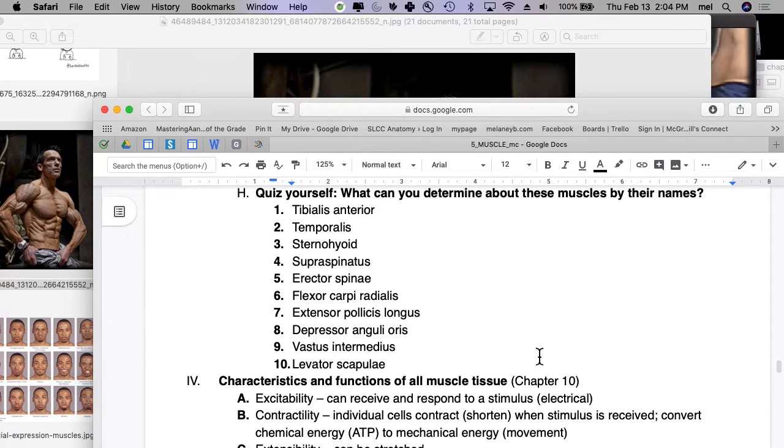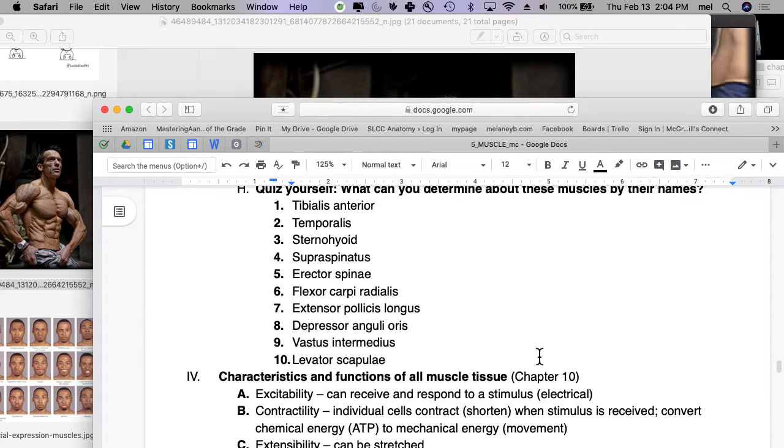Now what I want to do is look at some names of some muscles, some of which you've learned and some of which you haven't, and figure out what you can determine just from the name of the muscle. Not just where it is, but can you determine what it might do and what it definitely wouldn't do as far as actions? That's what I want to think about right now.